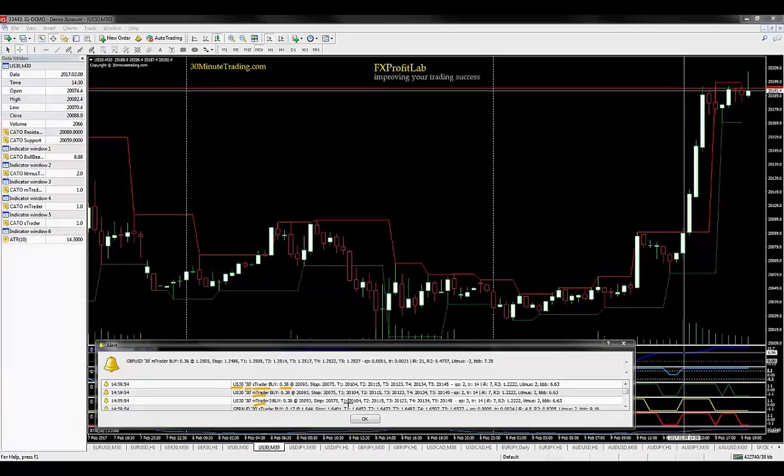I entered at 20093, which is very slightly above the close here, and a stop of 20075, which is somewhere around here. So pretty much that's the trade I put on.